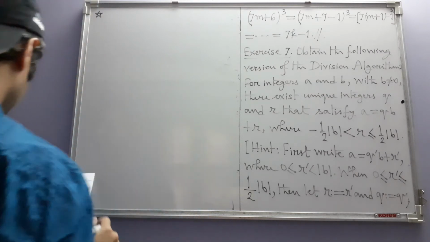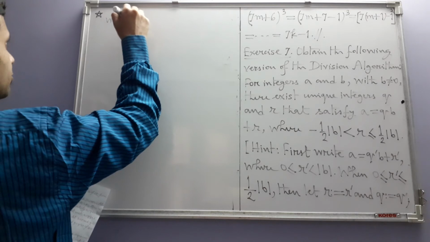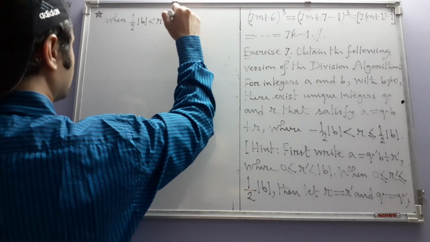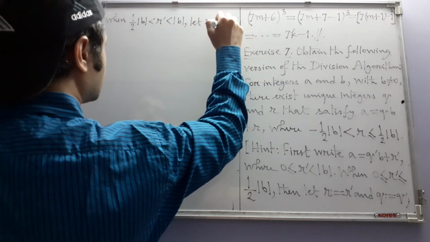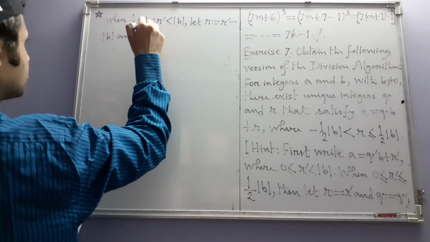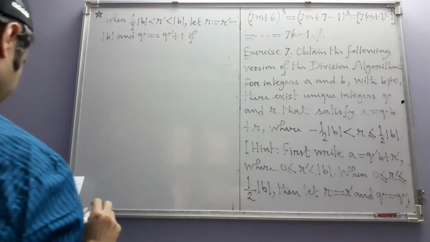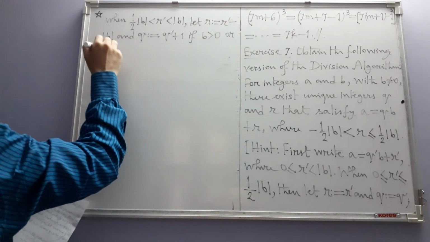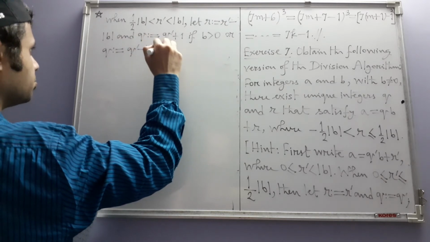And when the value of r prime exceeds this, let r equal to r prime minus absolute value of b and q equal to q prime plus 1 if b is positive, or q equal to q prime minus 1 if b is negative.